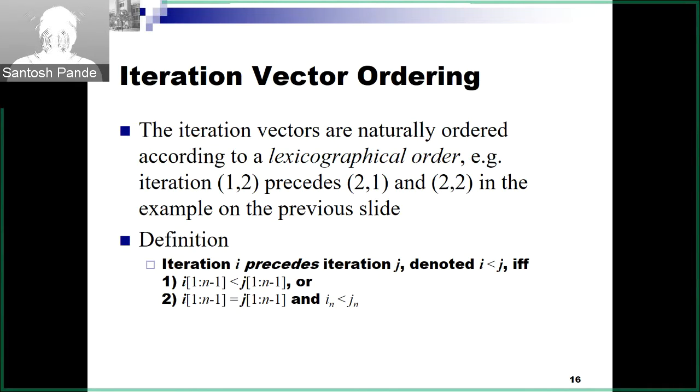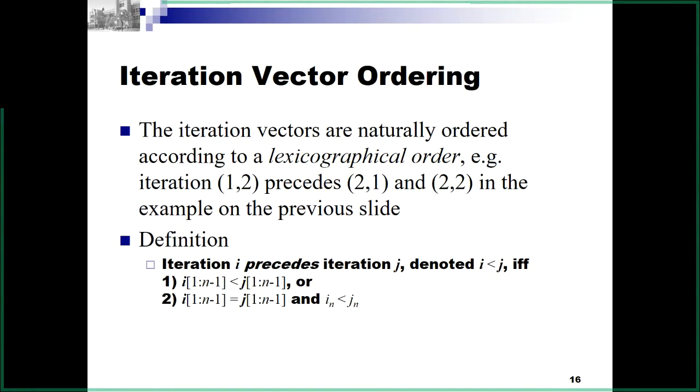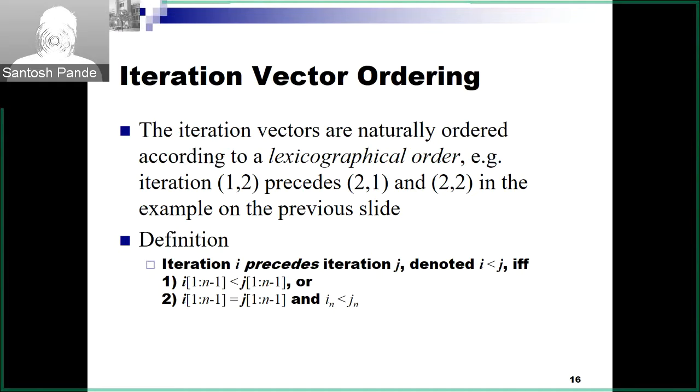So let's consider the two iteration vectors which have I and j, and we can see that the ordering of those in terms of which occurs before what, I is less than j, let's say, is decided because of one of the two occurrences here.